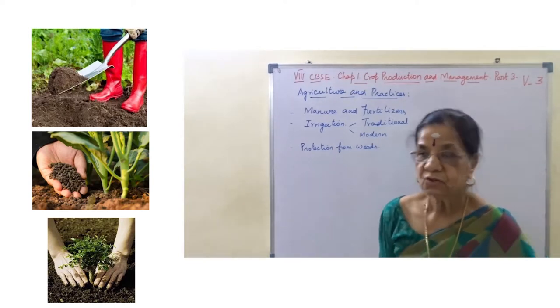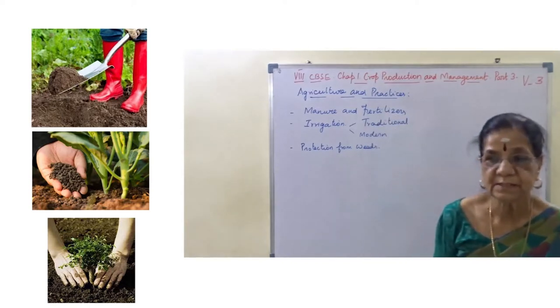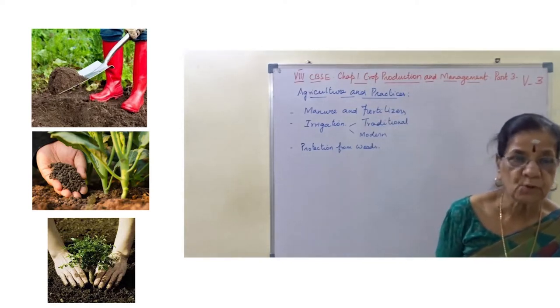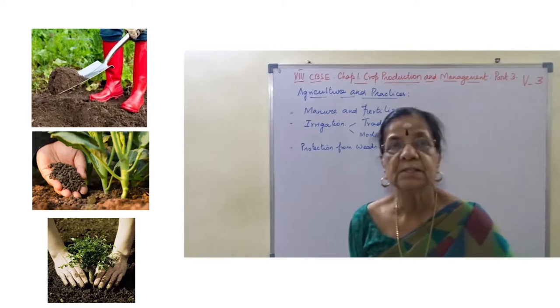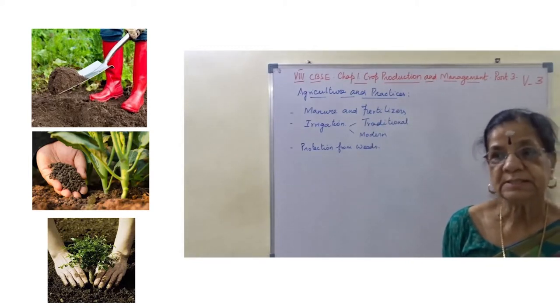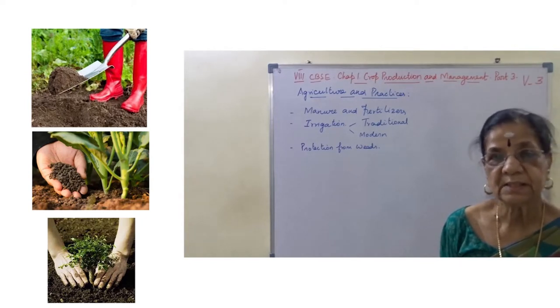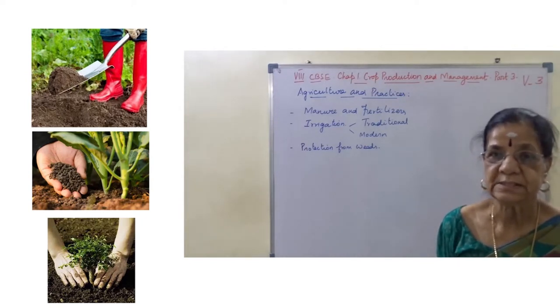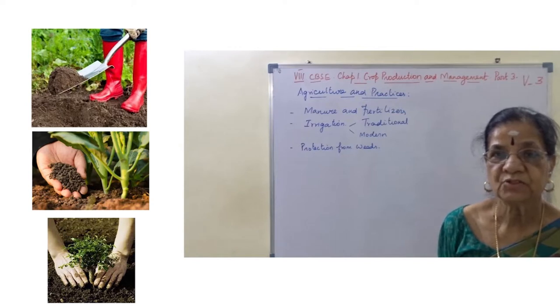Is it not? So in the seed drill method, the seeds are sown uniformly with equal or required distance. So sowing the seed is the traditional method, and the next one is using the seed drill. I hope you follow this.